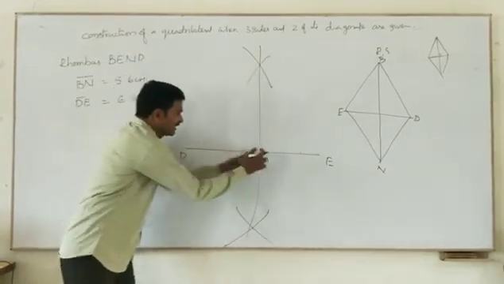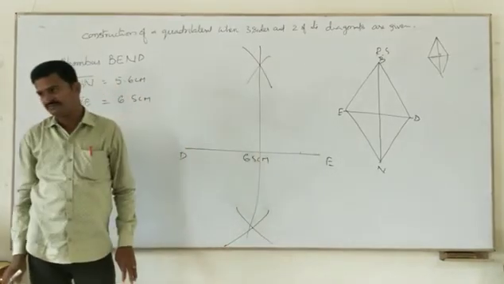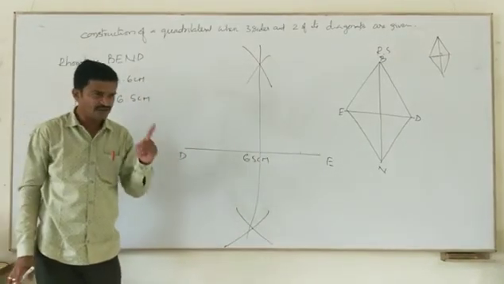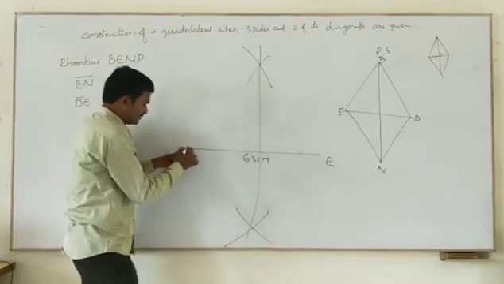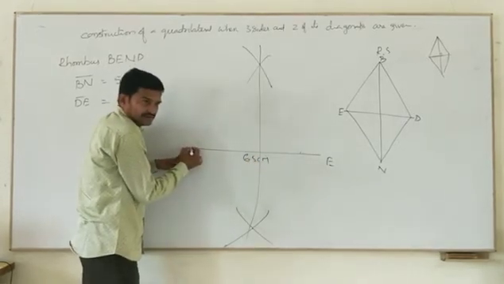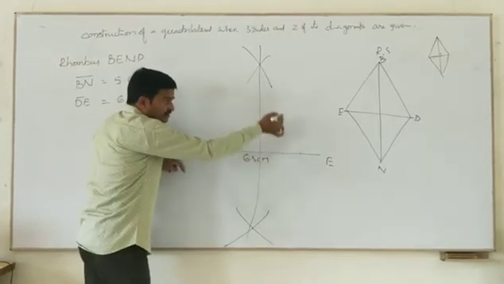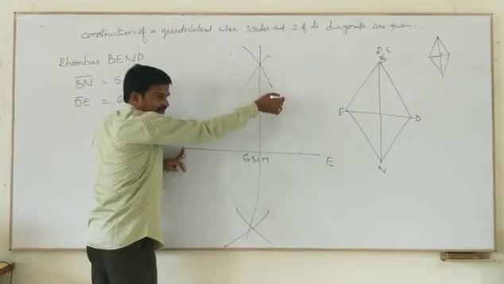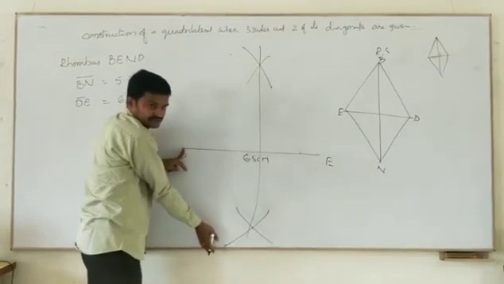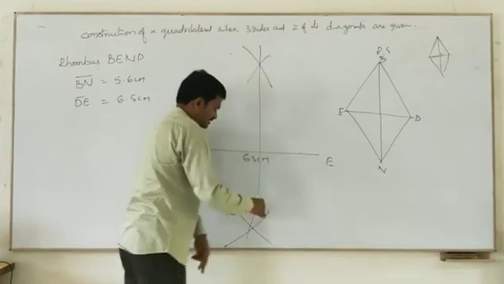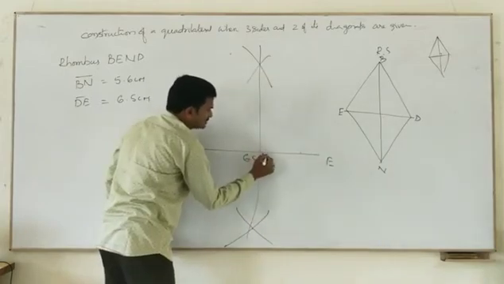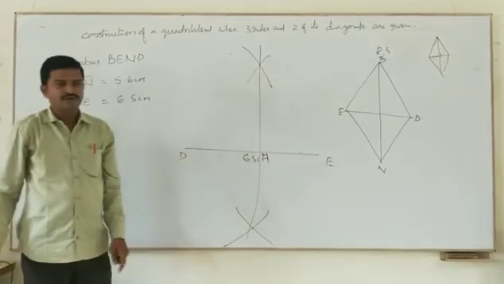You can check it: this length and this length will be equal. Have you understood how to draw a perpendicular bisector? From D, taking more than half radius, draw an arc on either side, and with the same radius from E also. Now mark the point where it meets DE as M.